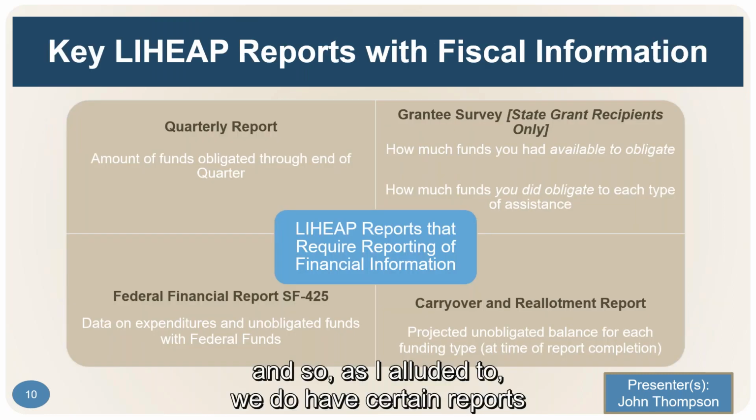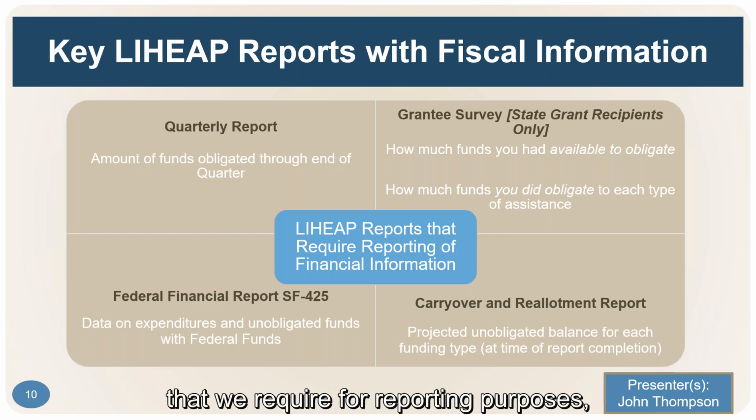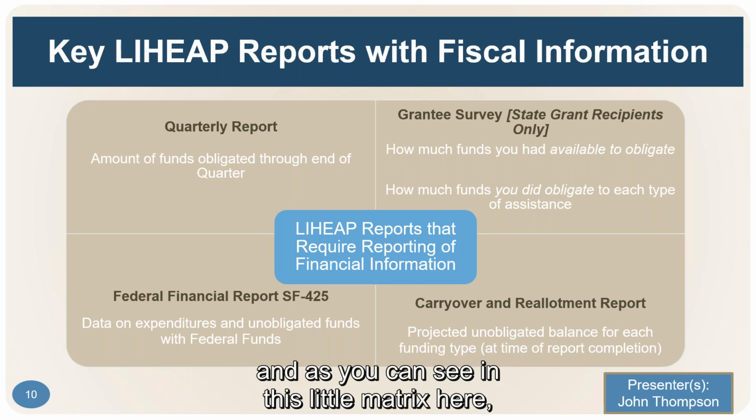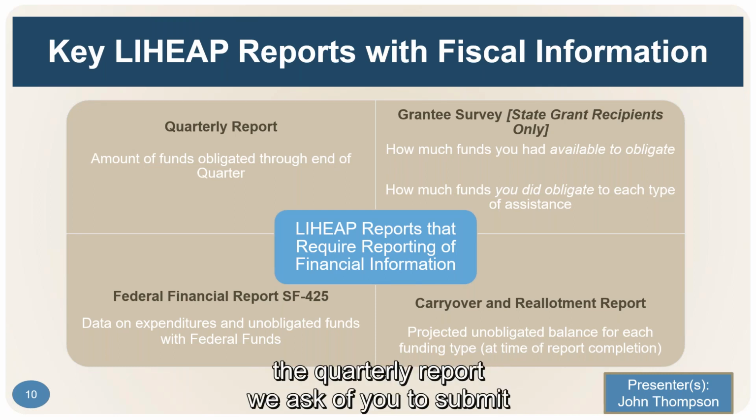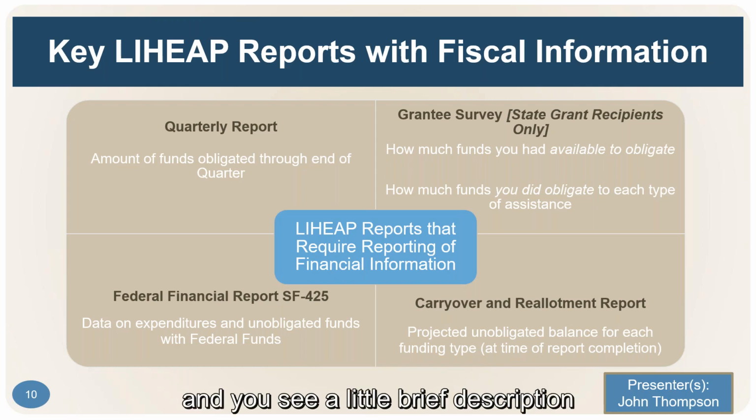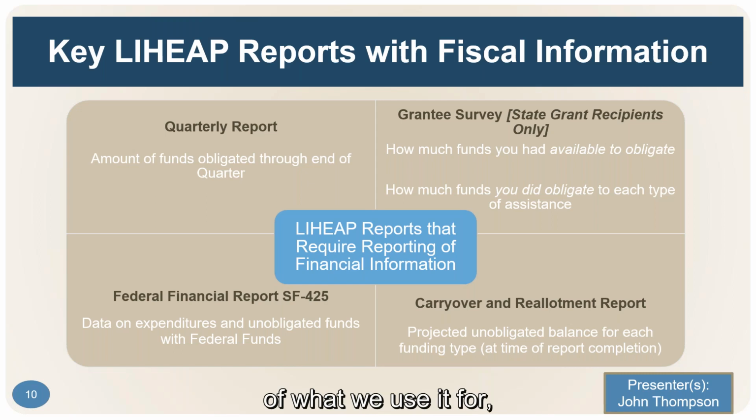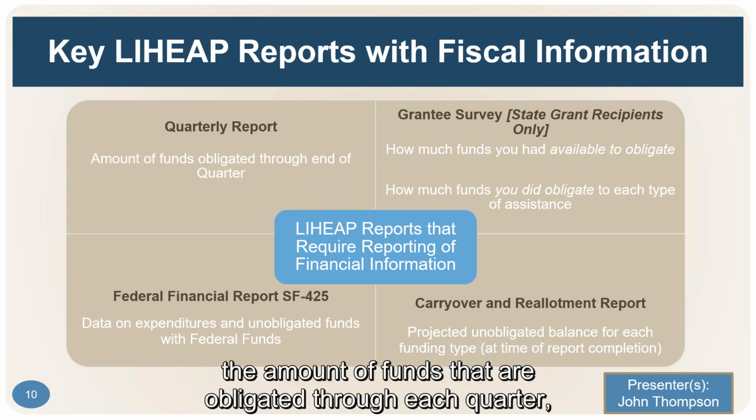And so, as I alluded to, we do have certain reports that we require for reporting purposes. As you can see in this little matrix here, the quarterly report, we ask of you to submit, and you see a brief description of what we use it for: the amount of funds obligated through each quarter.